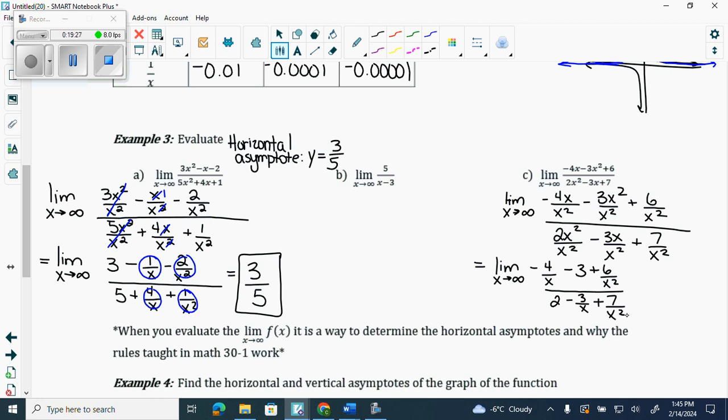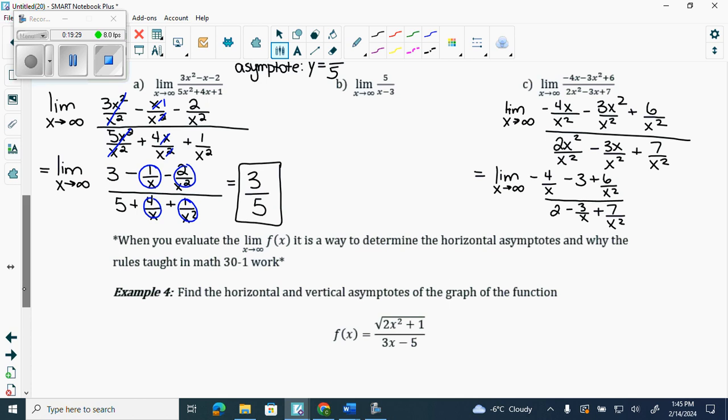I skipped this step, but you can show this big long step. You can actually write the limit as x approaches infinity to every single term. That's why these will turn to zeros. I bypassed it, but I'm going to show it to you.